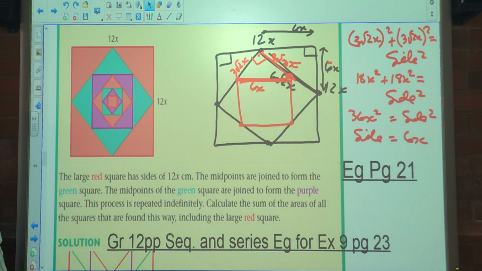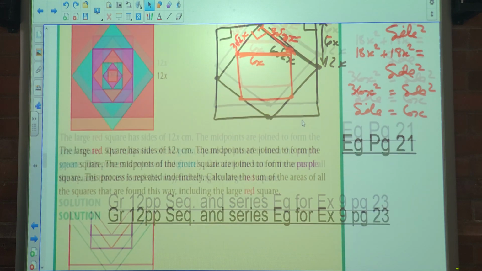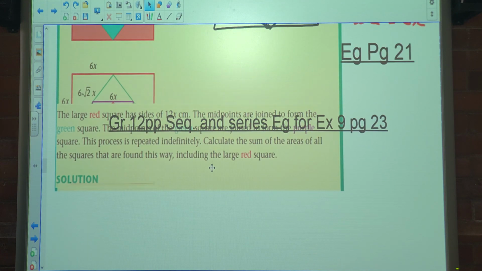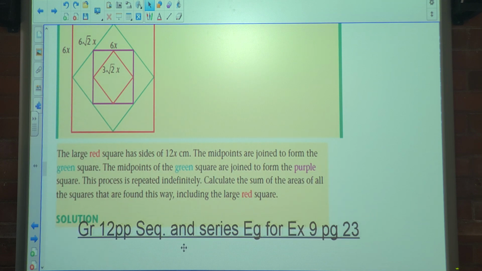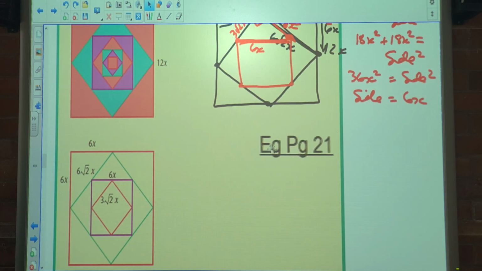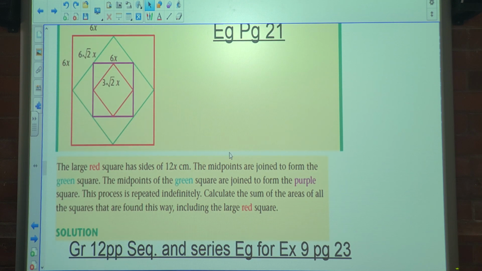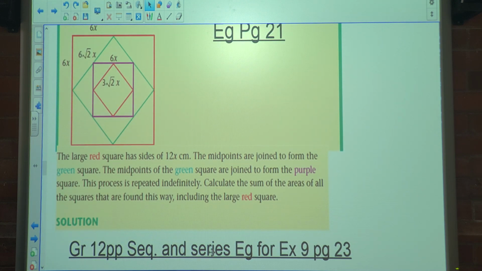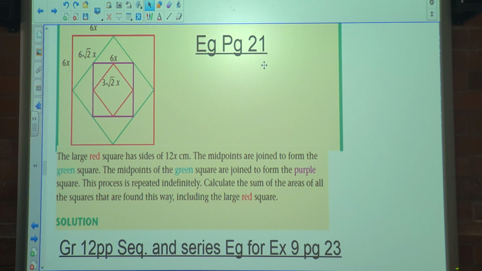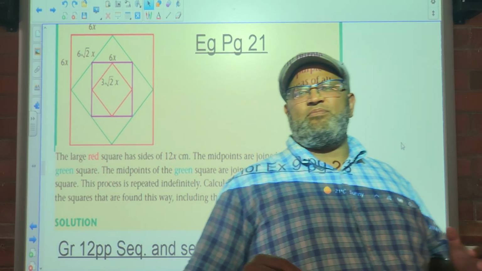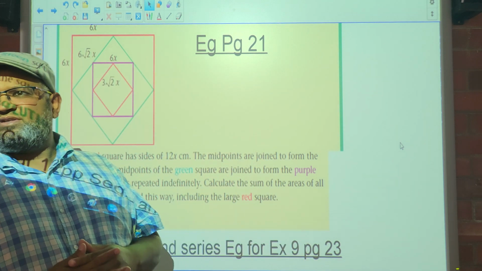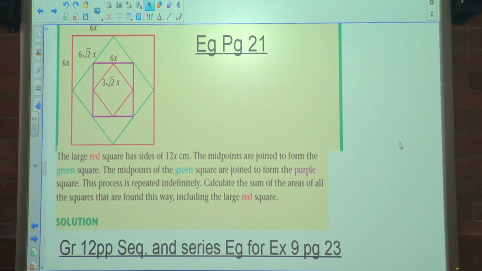Side squared. And of course, since we have the lengths of the sides there, we can do exactly that. So let's see. Firstly, when we get to this practical application, we first set up a number pattern. You guys understand? I set up a sequence or a pattern, and I use that.